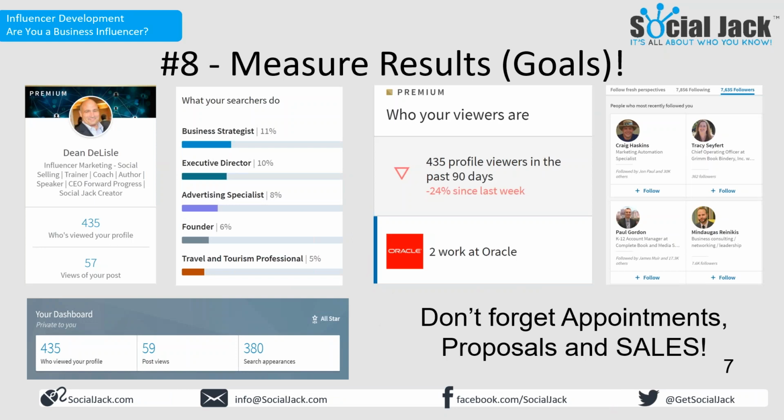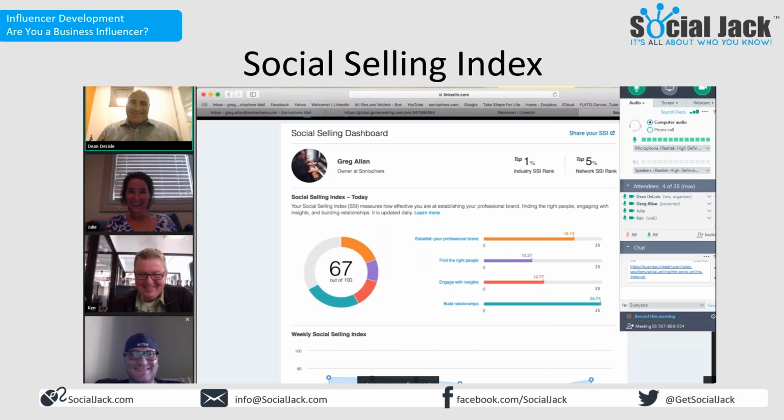This other thing that is huge is measuring your success. What I want you to do is write down social selling index. If you just Google social selling index, it'll bring up this tool, or if you have Navigator, you can just click on your index. The one thing I want you to pay attention to is at the very bottom. It says build relationships. Pay attention to that score.